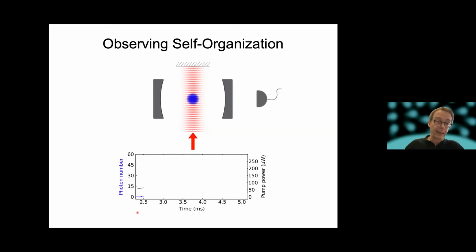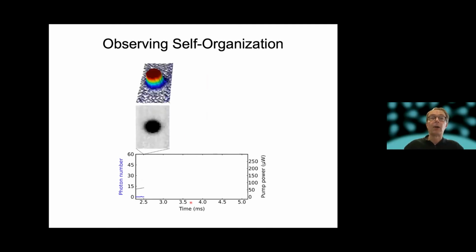The time axis is here, and the photon number in the cavity is plotted in blue. If you take a time of flight, you first see just a Bose-Einstein condensate. And then you increase the intensity of your pump, that is the dashed line.